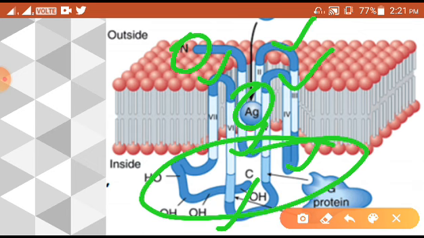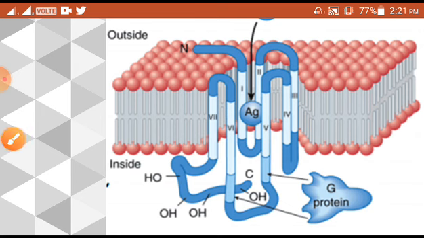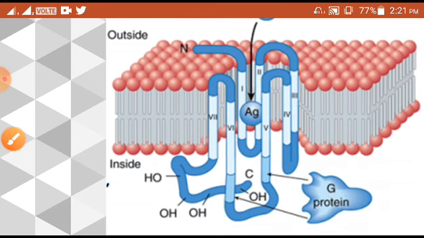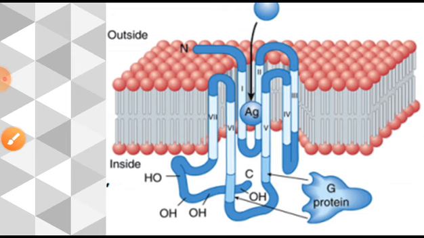you can understand that one G protein is non-covalently linked and available here. In the other structures you will understand this in a better way, that this G protein has 3 subunits.